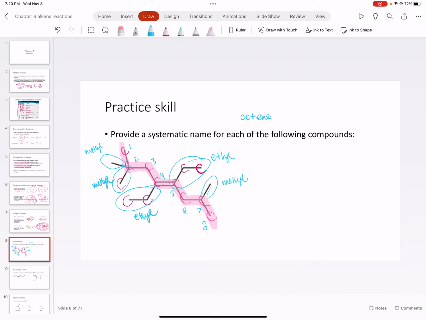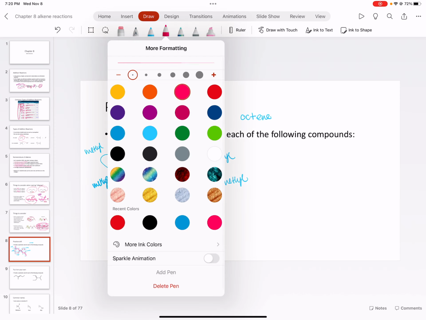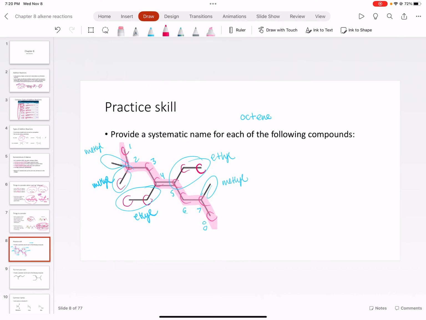Okay, so now we can technically name them alphabetically. Oh yeah, something else we have to keep in mind is that when we're naming alkenes, we most of the time assign priority groups.